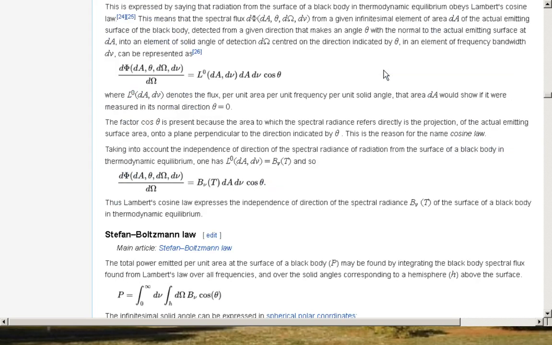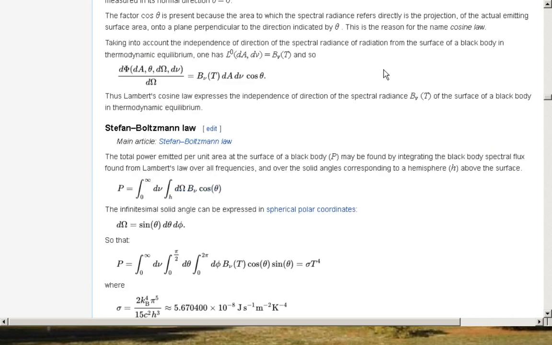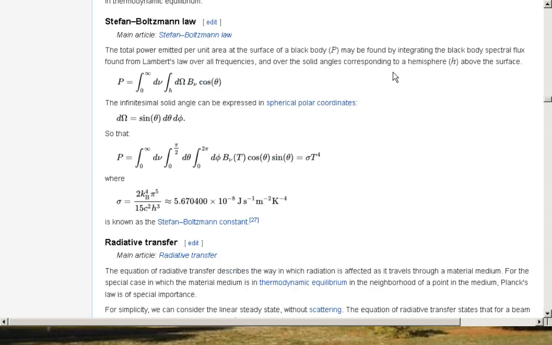Remember its cosine law. Stefan-Boltzmann constant. The total power emitted per unit area at the surface of a black body can be found by integrating the black body's spectral flux found from Lambert's law over all frequencies.